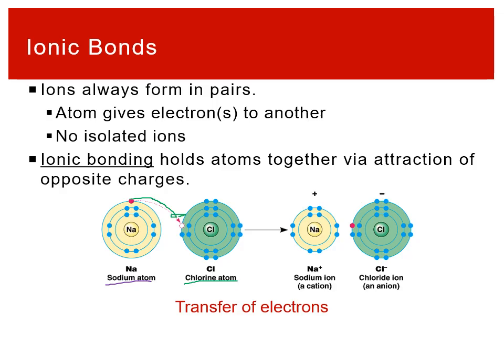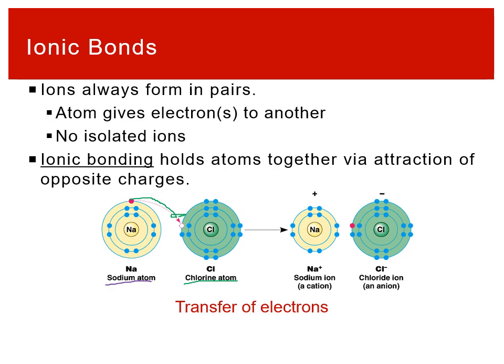This transfer of an electron means that one of the atoms becomes a cation and one becomes an anion. And so whenever ions form, it's always going to be in some sort of pair with another atom or more atoms. You never have isolated ions.